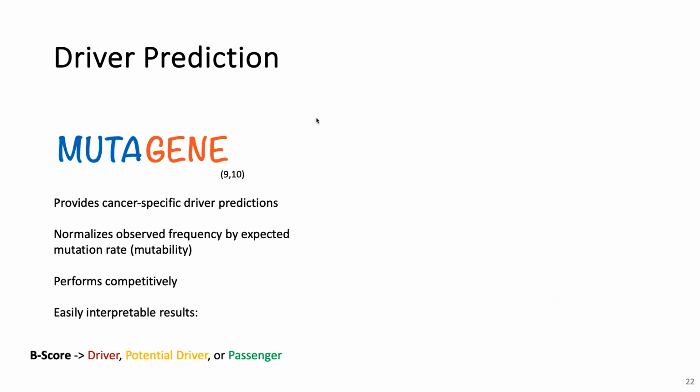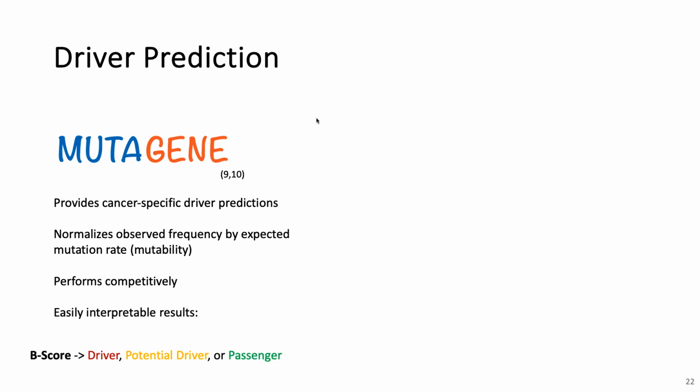So what MutaGene does is it normalizes the observed frequency by an expected mutation rate for every single mutation inside of a given cancer type. And the reason that we chose this method is because it performs competitively with other methods, as well as providing us easily interpretable results.